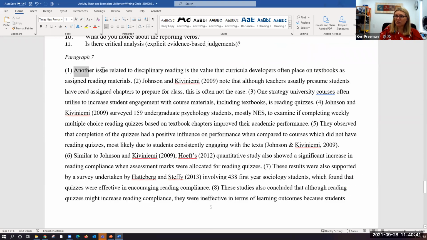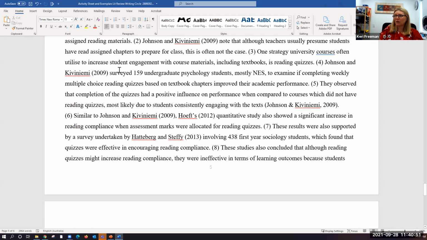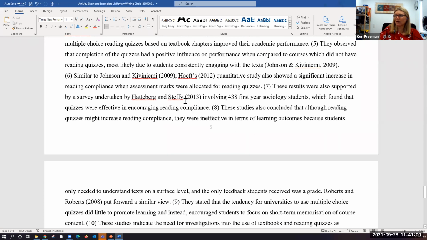So another issue, so letting the reader know that there's another part of reading that we're looking at. Go on, there's another survey. There's another comparison, another one there.